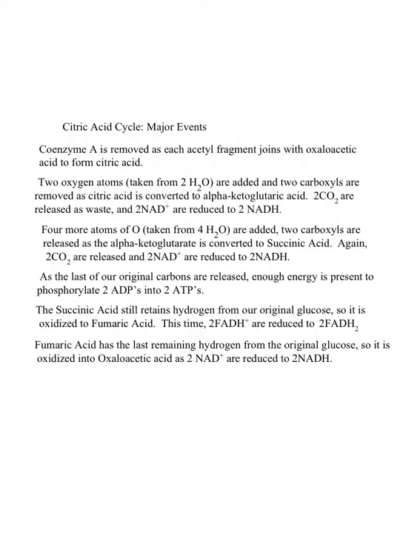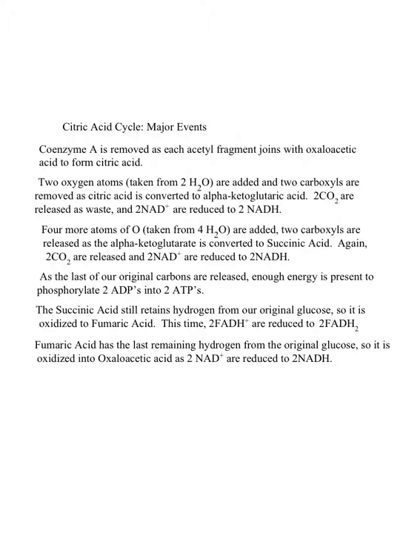Well, citric acid then is going to be broken apart. Not entirely. We're just going to take bits and pieces of that original acetyl fragment and get rid of them. So one of the problems is that carbon can only be removed as a carboxyl group.